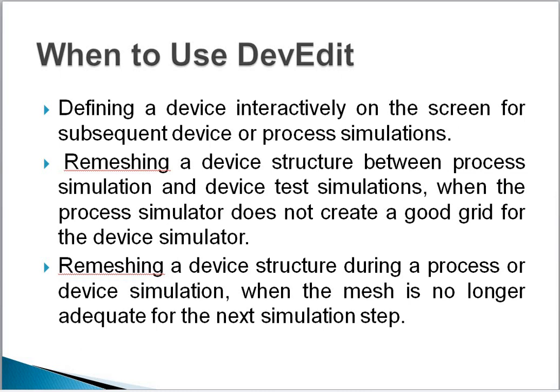Remeshing a device structure during a process or device simulation when the mesh is no longer adequate for the next simulation step. The benefit of using DevEdit is that we can remesh a device structure during process simulations. If you find that there is some problem in the meshing, you can change the meshing during the process simulations.